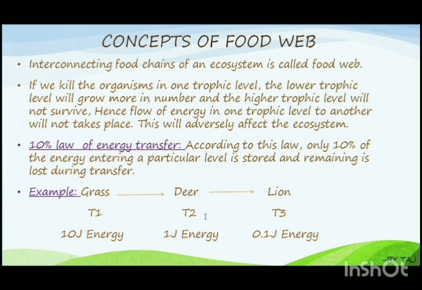If the deer has got 1 joule of energy, in the next trophic level the lion will get 0.1 joules of energy. This 10% energy is transferred from one trophic level to another. That's why it is called the 10% law of energy transfer. According to this law, only 10% of the energy entering a particular level is stored, and the remaining is lost during the transfer. So this is about the concept of food web.